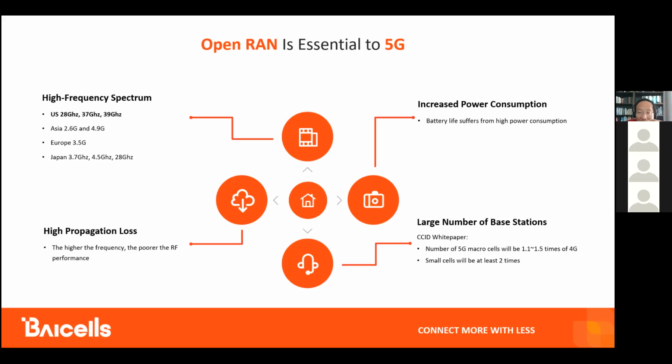For small cell coverage, that number is even bigger. Research has shown that the number of small cells to provide the same coverage as 4G is going to be 2 times more. So the cost of 5G is an important factor. In order to make 5G deployment economical, we have to do something about it.